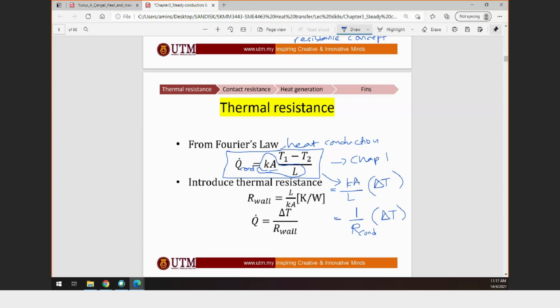So we can see that R conduction can be simplified into L over kA.